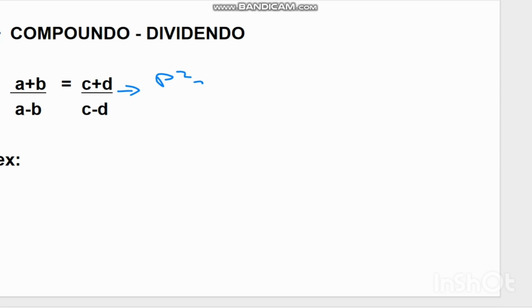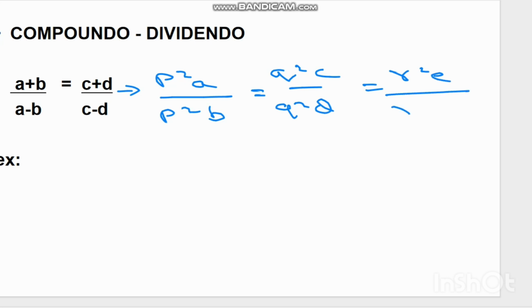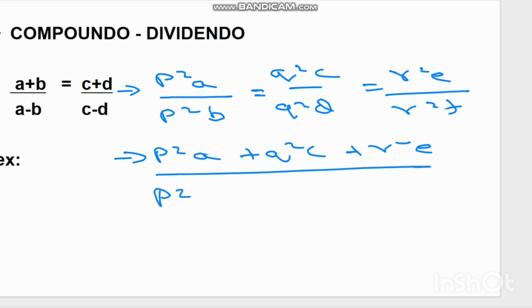If P square A by P square B equal to Q square C by Q square D equal to R square E by R square F, we can write it as P square A plus Q square C plus R square E by P square B plus Q square D plus R square F. So this is the advantage of the componendo and dividendo term.